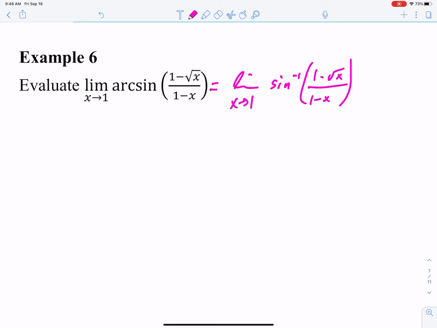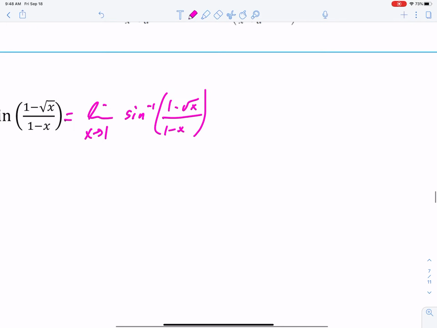Remember we had that limit law where we can take the limit inside here and then apply it to the outer function, in this case inverse sine. The problem is, inside the parentheses we do have a rational function, but 1 is not in the domain. We'd get a 0 in that denominator. So remember what we said: if we have that problem, we can simplify and then try it again, see if we can plug in.